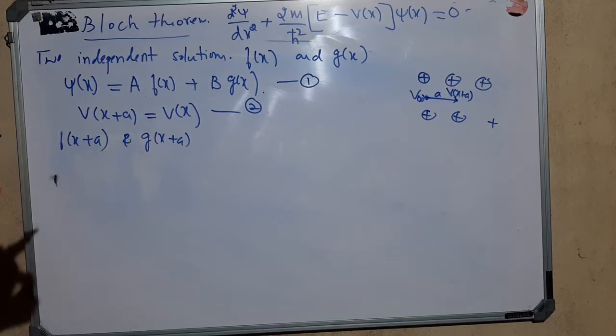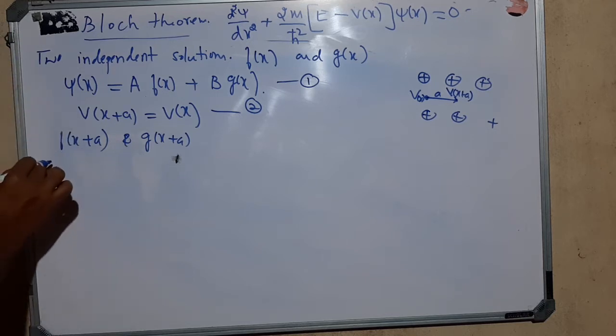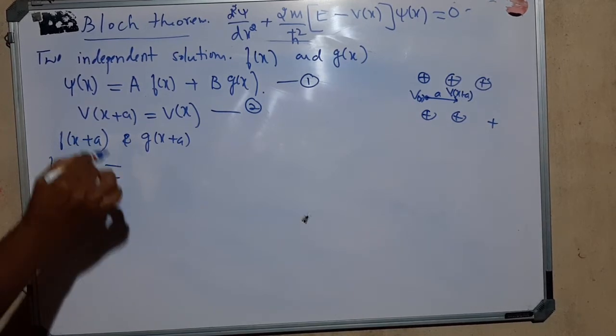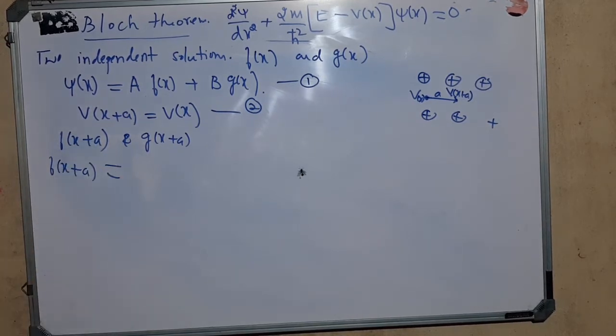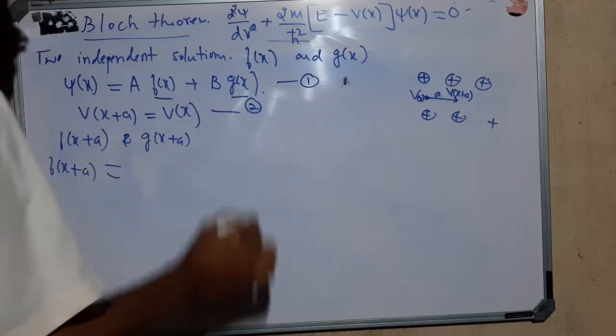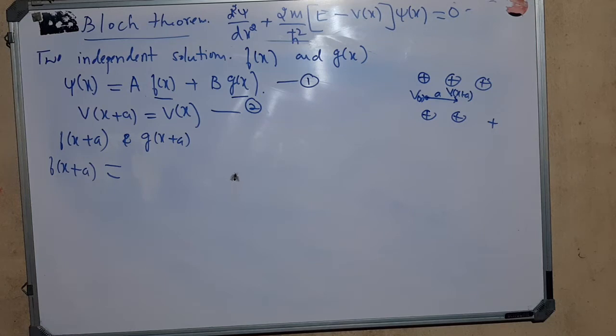That means you can say f of x plus a is equal to f of x, right? But I am not writing it like this. Now I am writing f of x plus a in terms of a combination of f of x and g of x.